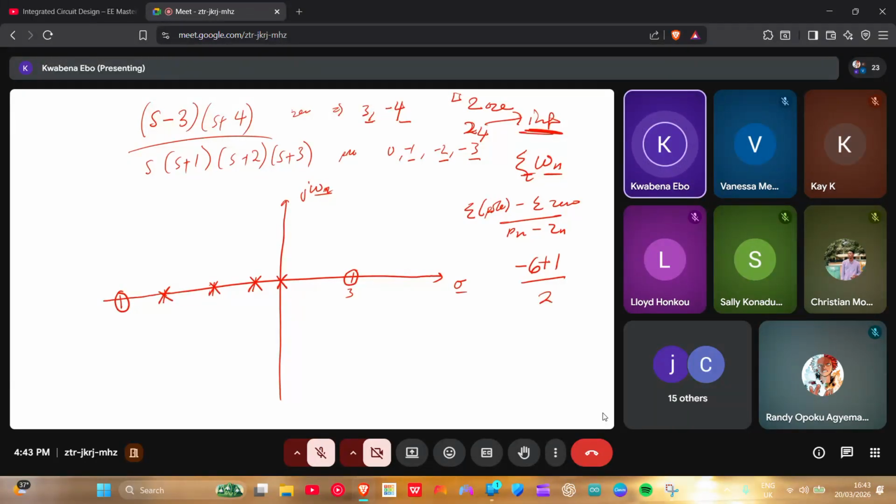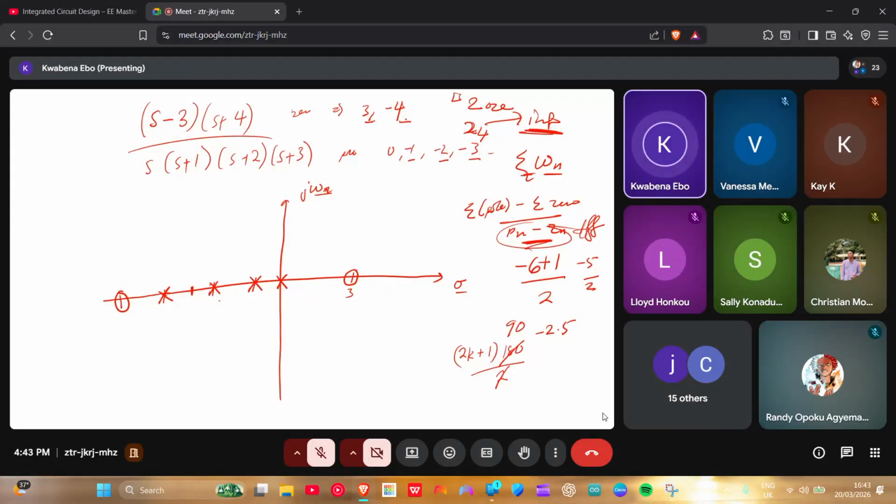So we have -5 over 2, so -2.5. That means our centroid is somewhere here. Then I go to the angle part, that is (2k plus 1) times 180 over the difference, which is 2. So this will give us 90.